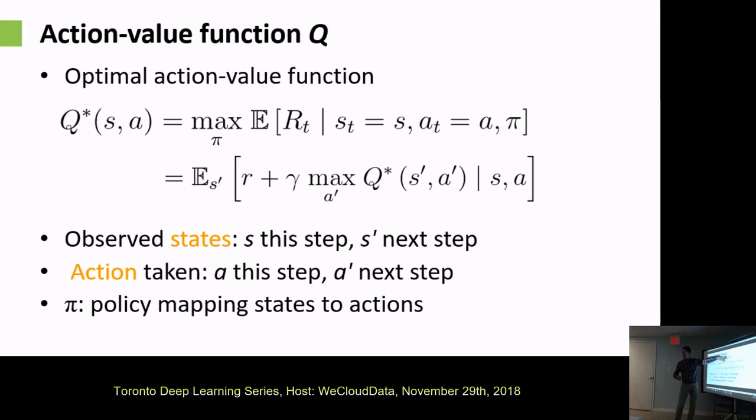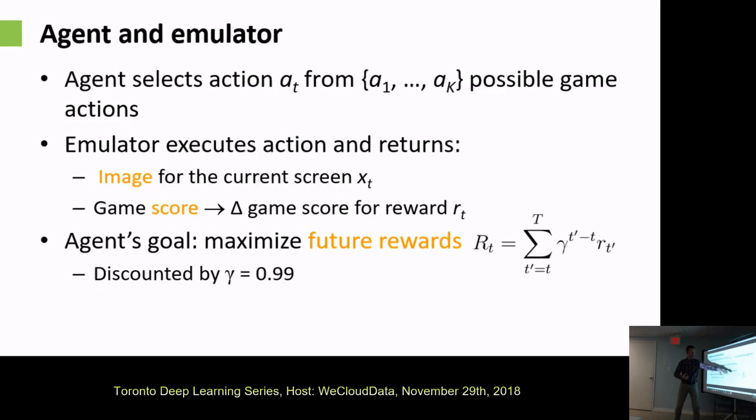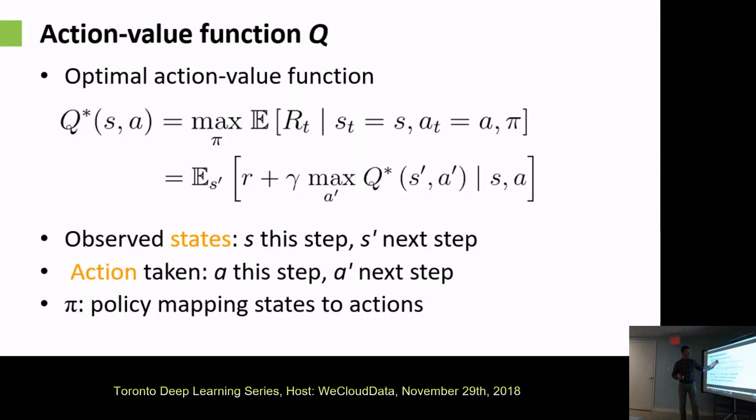That's why, instead of doing this summation into the future, if you expand that, all you need to do is get the reward in the next step and then discount the Q value for the next step. That's all you need to do. You don't need to look 10 or 20 steps into the future, because all you need is the maximum Q value of the next step.